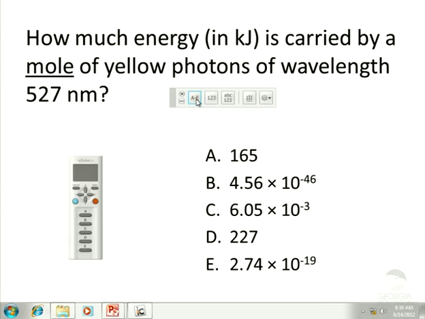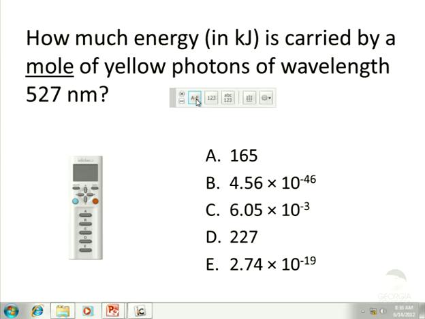We just multiply by Avogadro's number. But what's the other trick? Because we're going to get an amount of energy per mole.